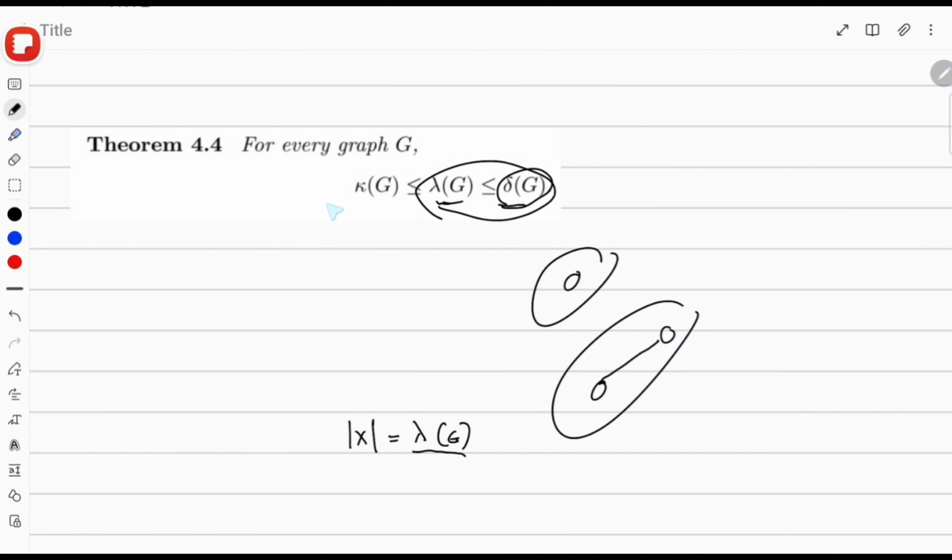And for this one, it is harder to disconnect the graph by just removing vertices. It is easier to remove edges to disconnect a graph than removing vertices. Thus, this one is 2.